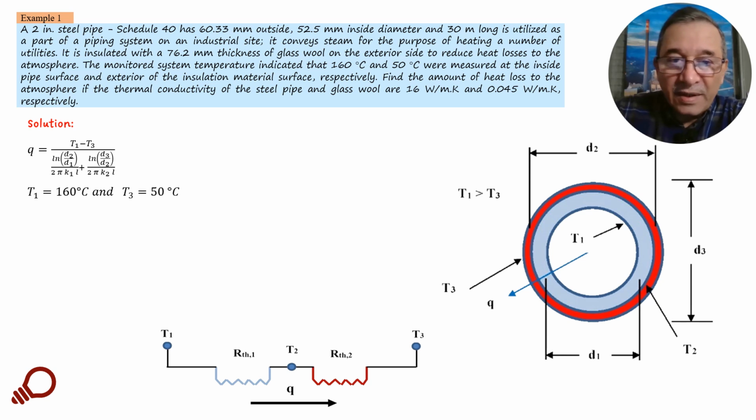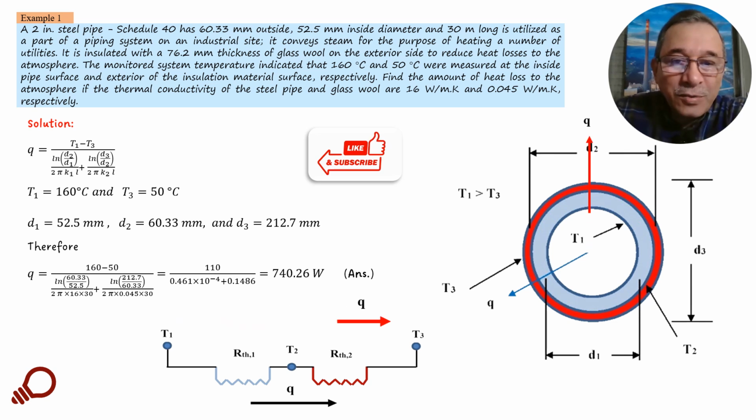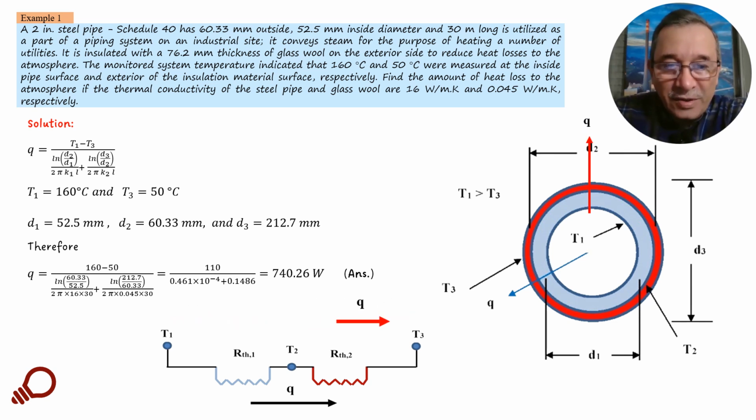We have T1 at 160 Celsius and T3 at 50 Celsius, which represent the outside surface of the glass wool. Then substitute these values for D2 and D3. Then you will get a general form which represents delta T overall divided by the summation of resistances.